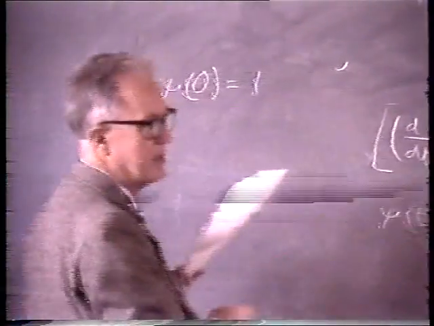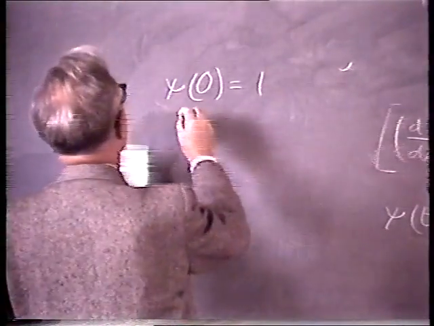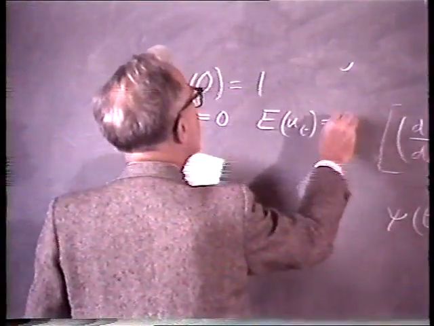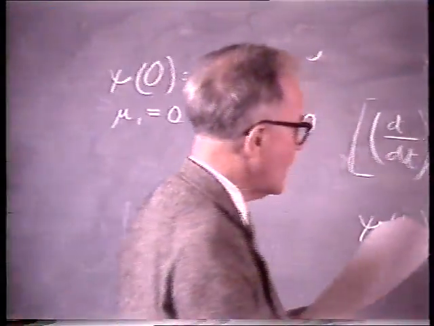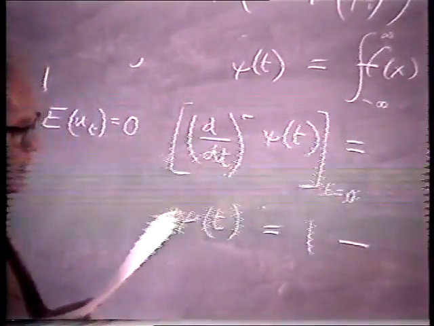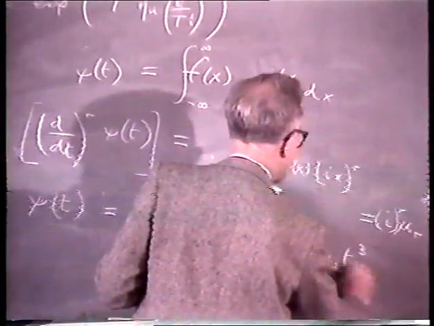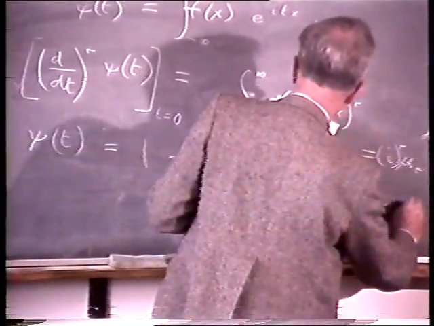First of all, psi naught equals 1, a general property of characteristic functions. Secondly, mu1 equals 0 because the expectation of u t equals 0. And so we only have the mu2 t squared upon 2 minus i mu3 t cubed upon 6 plus mu4 t to the 4 upon 24 plus, and then we have the remainder term.